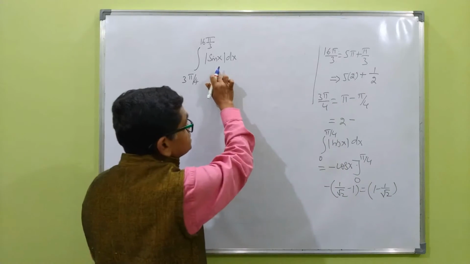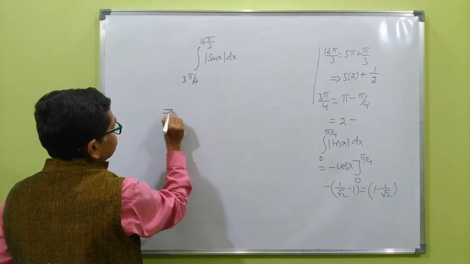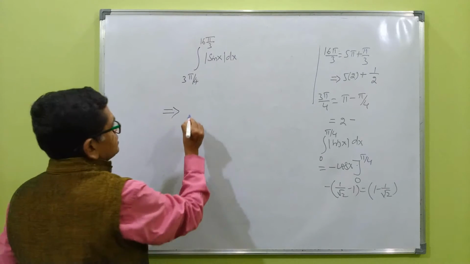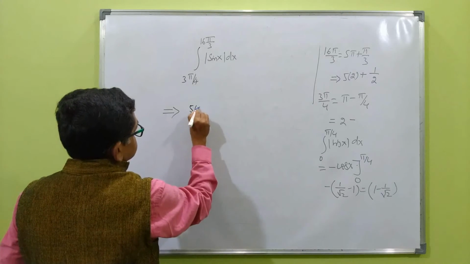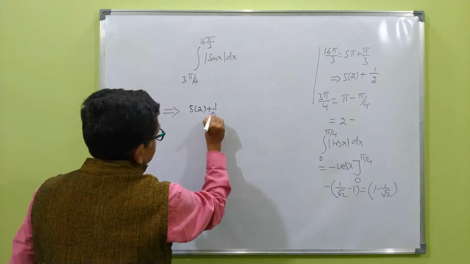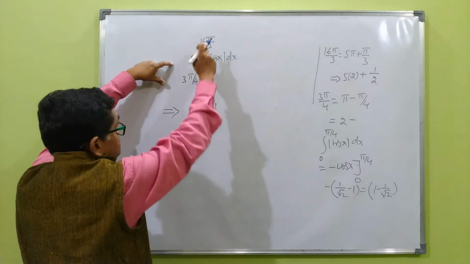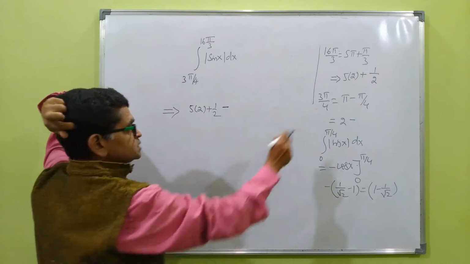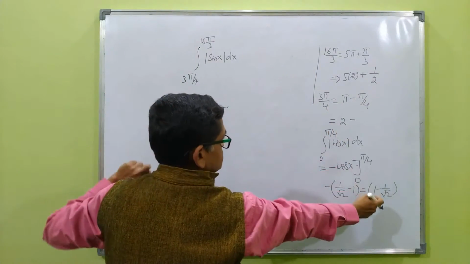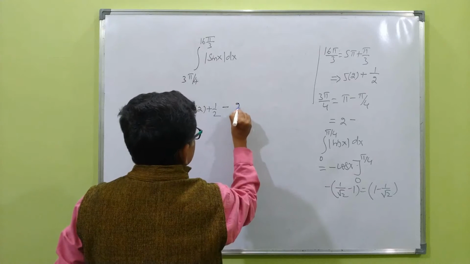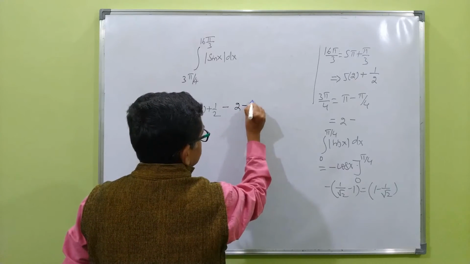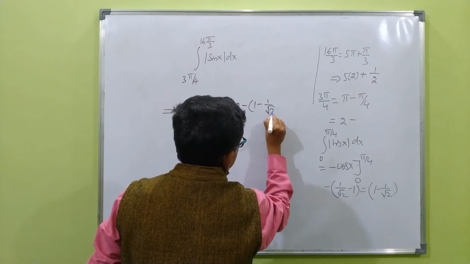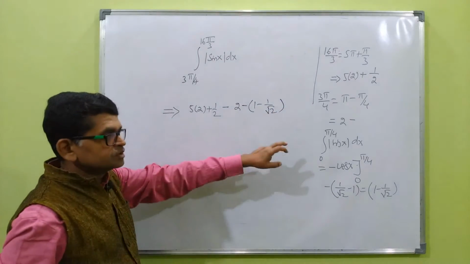So this expression becomes 5 plus half, this is for the upper limit minus the lower limit, this is 2 minus 1 minus 1 by root 2. Okay, you got it.